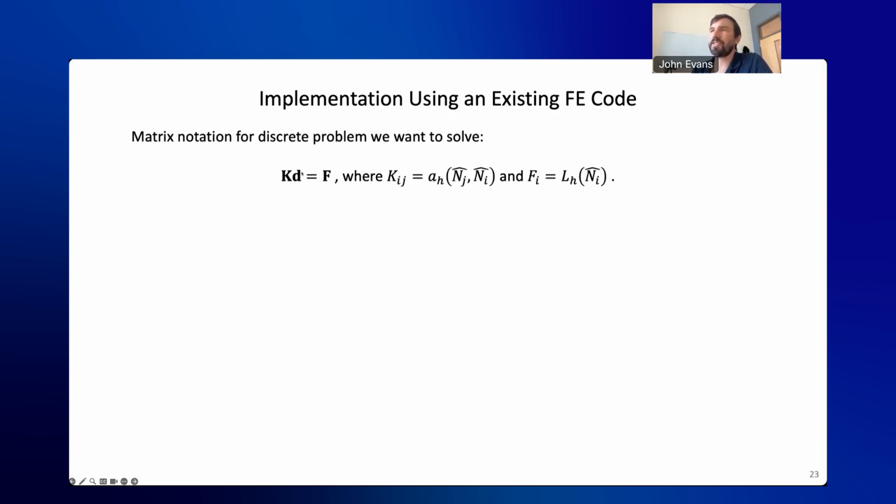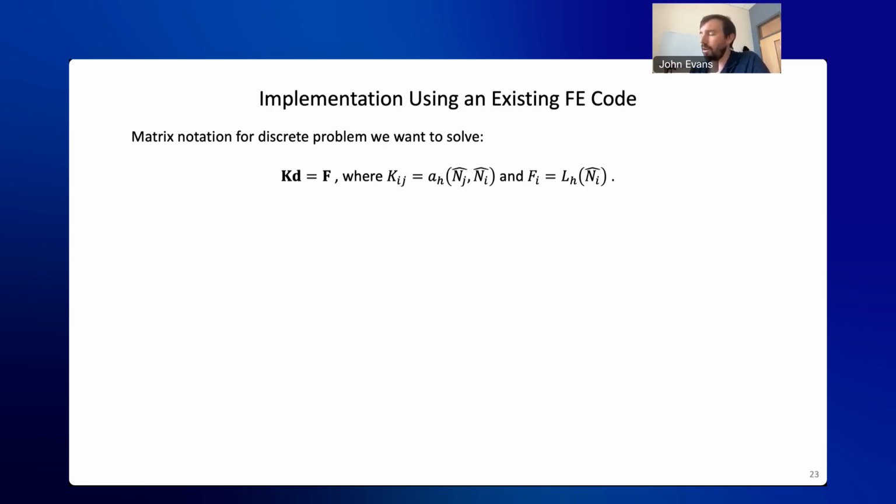We get a stiffness matrix K times the displacement vector D is equal to a force vector F. We can form K, we can form F, and we want to know D. And the entries of K look like K_ij equals a_h, which is our underlying bilinear form associated with this Poisson problem, with entries n hat j and n hat i for our trial and test slots respectively.